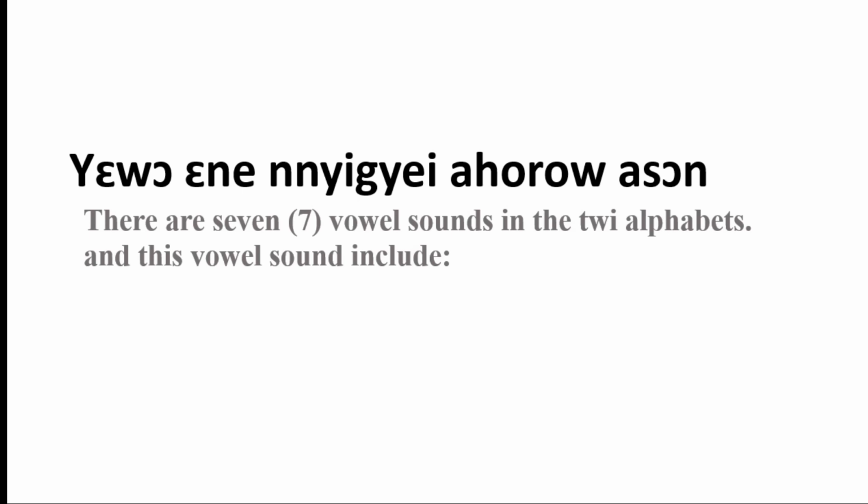There are 7 vowel sounds in the Twi alphabet, and these vowel sounds include A, E, I, U, O, U. Let's take it again. A, E, I, U, O, U.